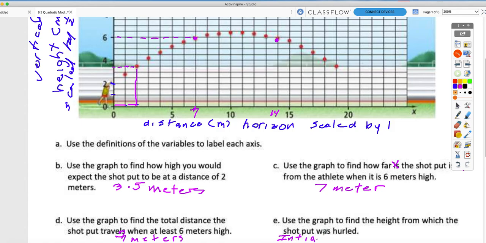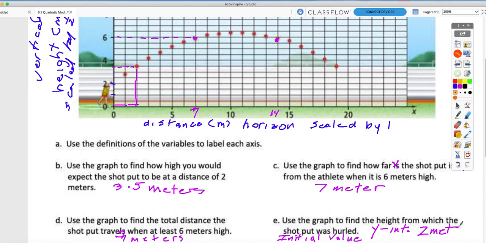The initial value is going to be the y-intercept. And if I look over there, we already found that. That y-intercept is right there, and that is at 0, 2, but we are doing a word problem, so the height where it was thrown was from 2 meters. So that was simple enough.